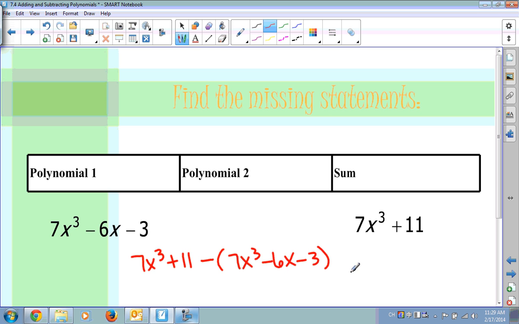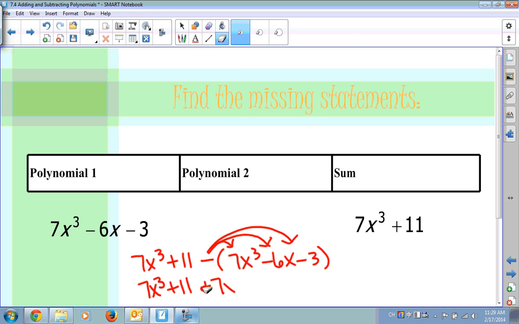This is where it's a good idea to do the distributing because it gets a little weird with the signs. 7x cubed plus 11, and then when you distribute your signs here, the negative 1, it'll be minus 7x squared, right? X cubed. Switch it around. Plus 6x plus 3.